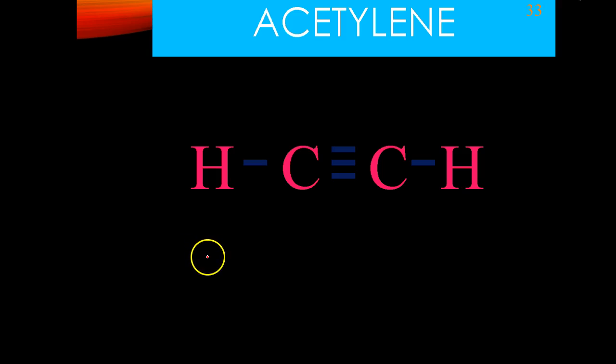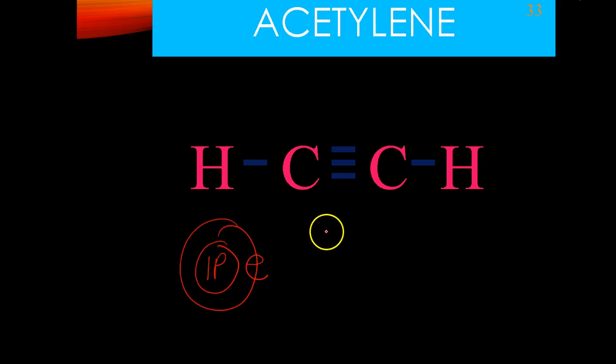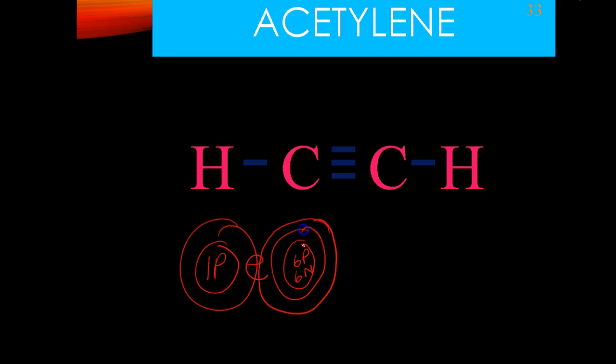So if we had drawn hydrogen, which has 1 proton and 1 electron, and then go on and draw a carbon. Remember, the carbon is going to have 6 protons, 6 neutrons. The first shell is going to have 2 electrons, and this shell will have 1, 2, 3, 4. So here's that pair of electrons.